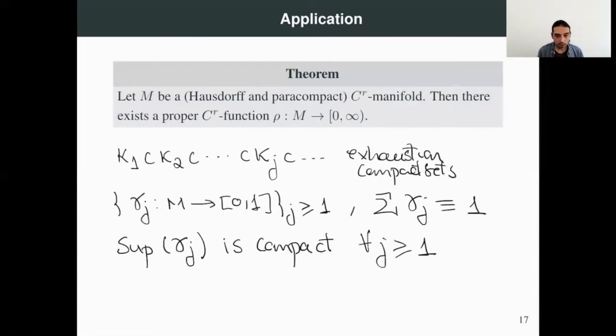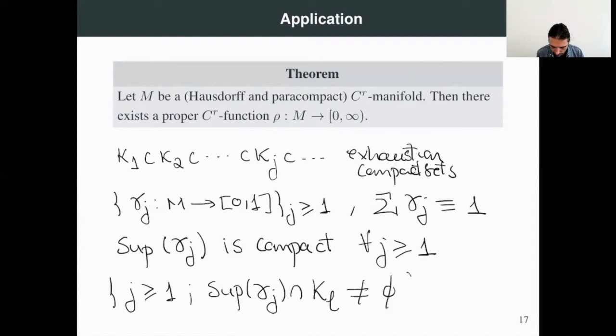And we also proved that if we consider the set of functions such that their support intersects K_L, this set over here is always finite. Those are the ingredients we have.